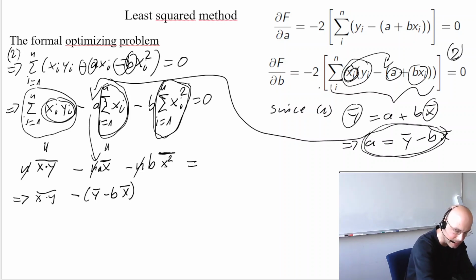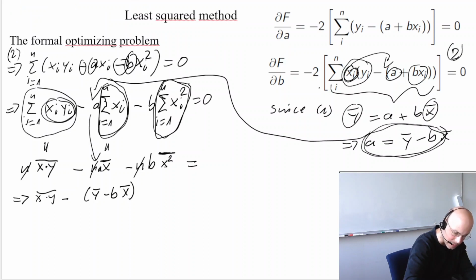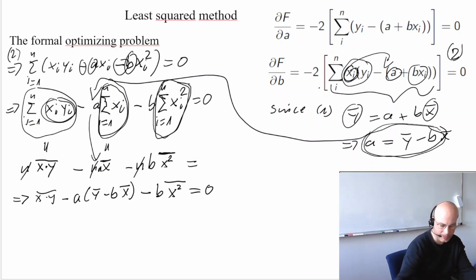In front we need 1 minus a times minus b x squared, and the bar has to be above the squared.